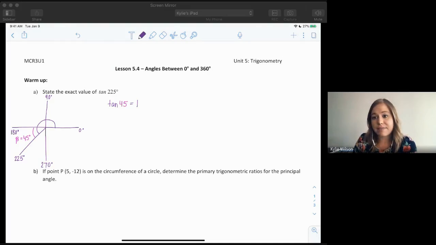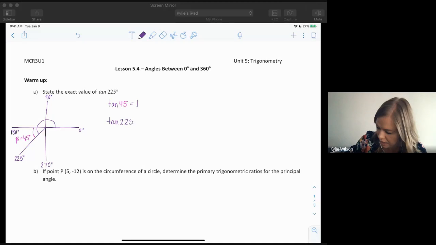Now that we have tan of our related acute angle, we can find tan of our big angle. So the tan value of our related acute angle and our big angle always have the same number. The only thing that changes about them is the sign. And how we figure out what the sign is, we use our CAST rule.